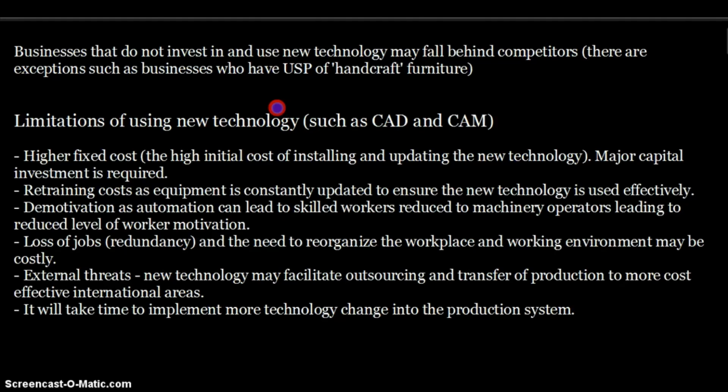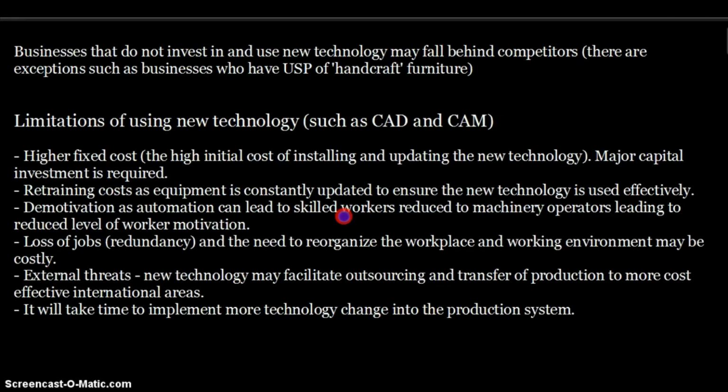Now, limitations of using new technology. There are higher fixed costs because of the high initial cost of installing and updating the new technology. There's a major capital investment required. Retraining cost is high as equipment is constantly updated to ensure the new technology is used effectively.